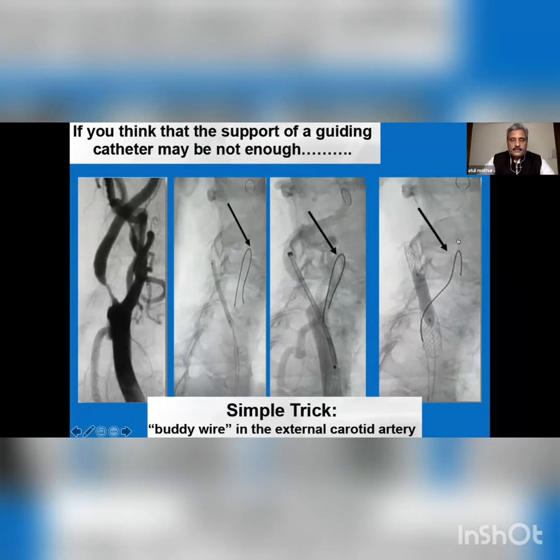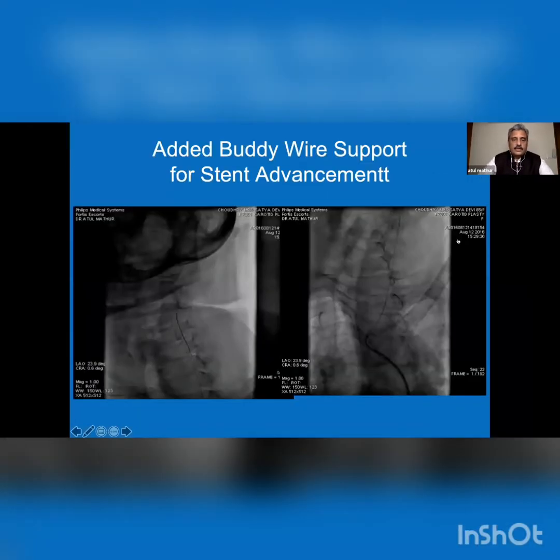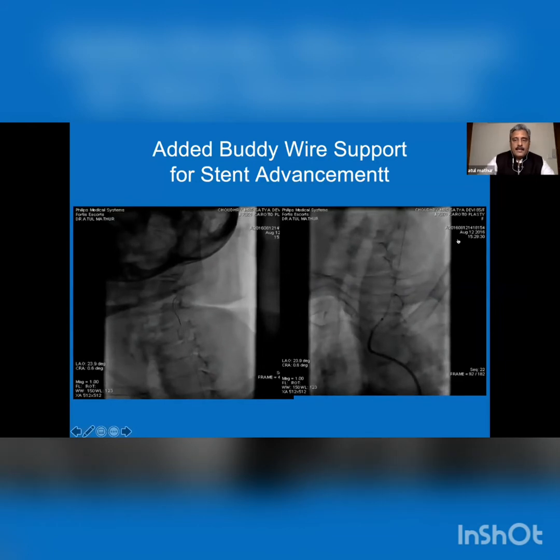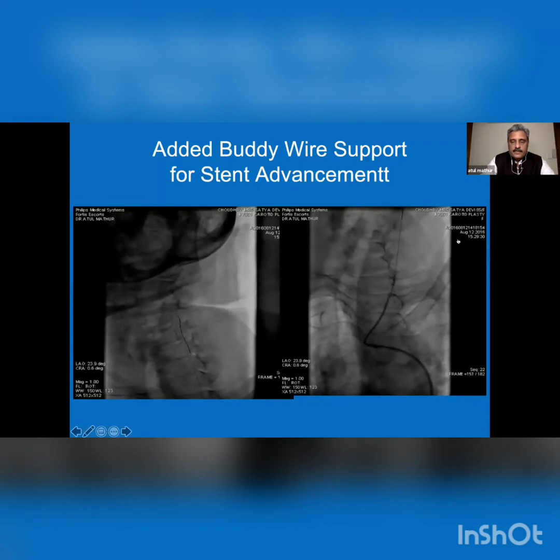So we thought of using a buddy wire over here. We took another coronary wire, a buddy wire, on the side of the previous wire which was placed in the internal carotid artery. And there you see on one of these wires, the original wire, we were gradually, nudgingly able to pass forward the carotid stent.